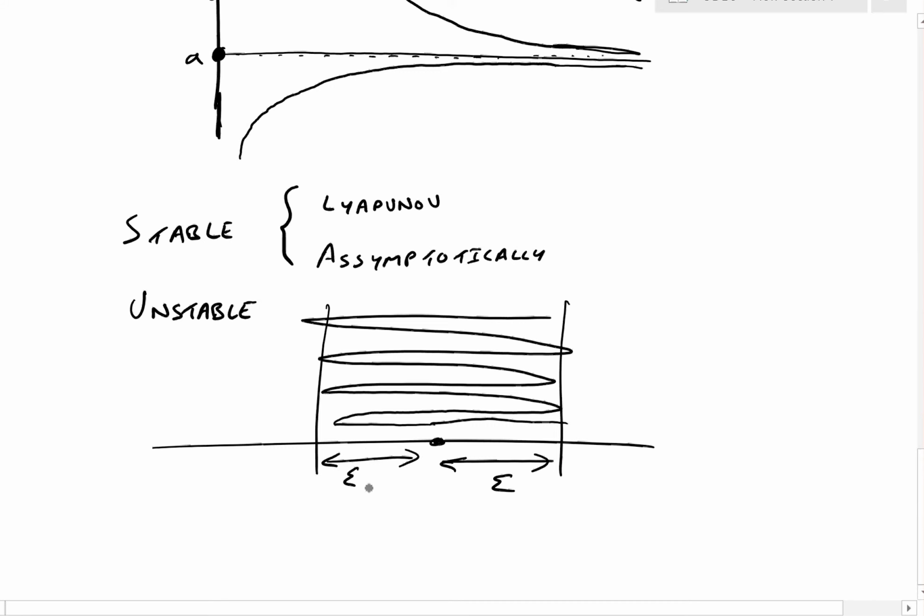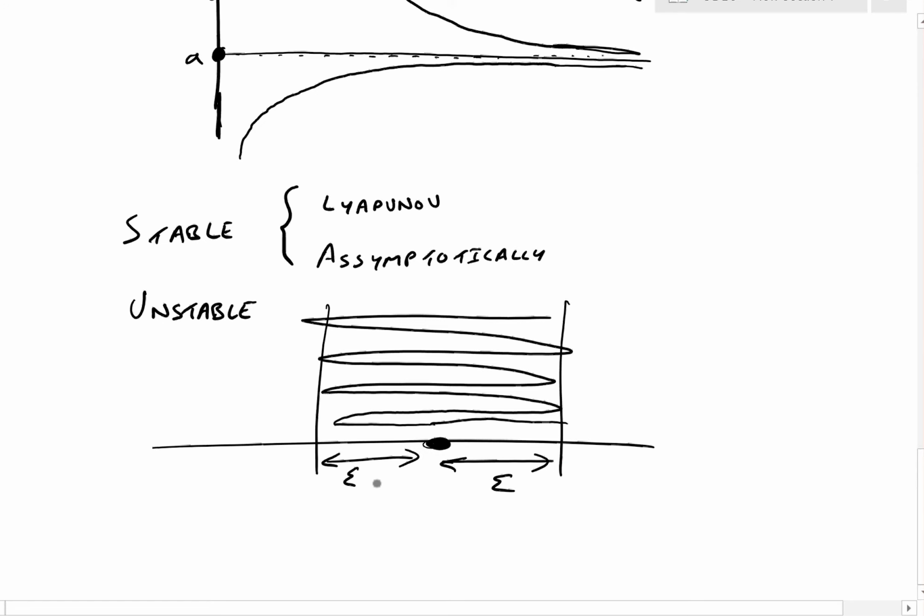What Lyapunov stable basically means is that we are close to the equilibrium point. We never actually go there. We keep missing. But because we're so close to the equilibrium point, and this is a really small distance, we just call it stable.